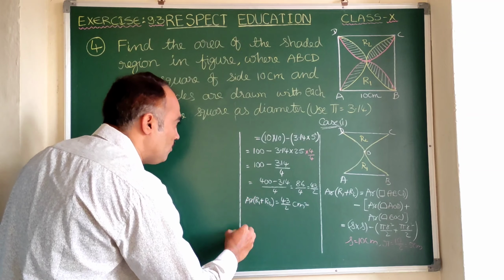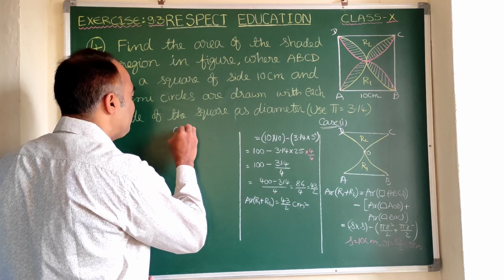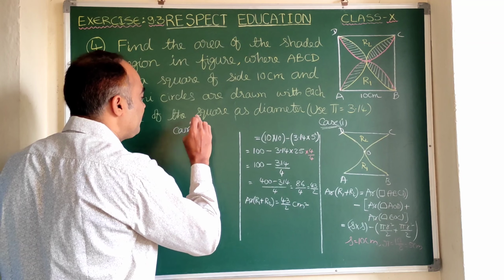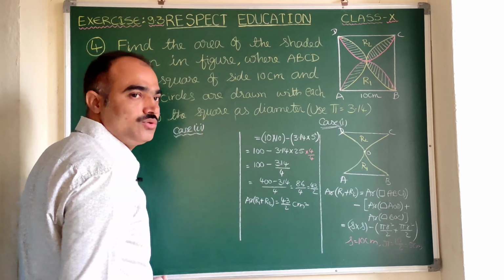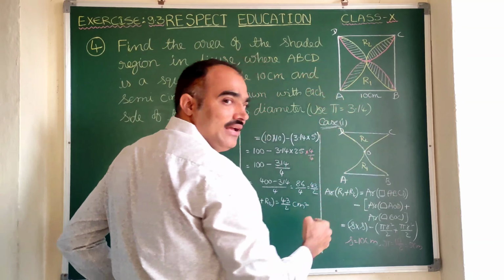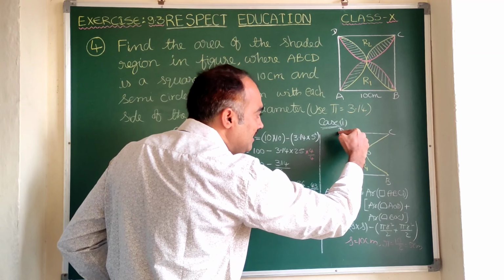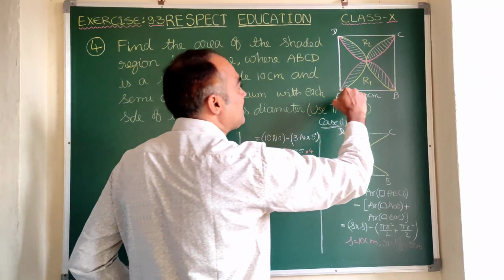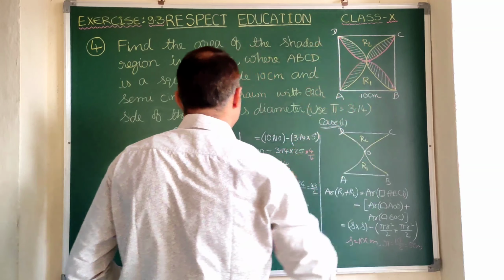Now let us go for case 2. In case 2, let us take the square as it is. Earlier we subtracted the semicircles AOD and BOC. Now let us subtract AOB and COD.